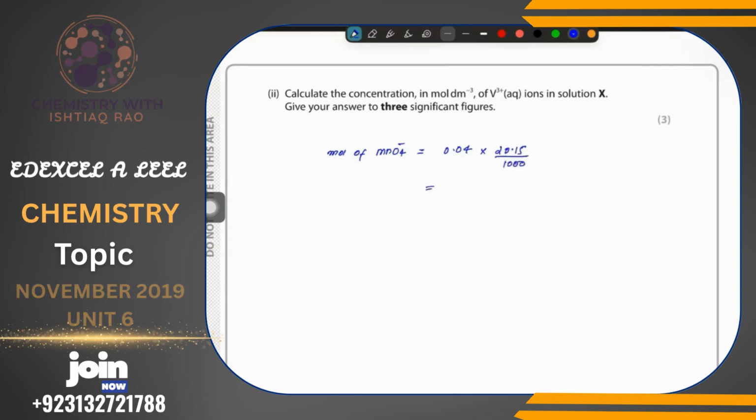What's the answer? 2.015 times 10 raised to negative 3. No, you're asking about the moles of vanadium, right? For MnO4 minus it is 8.06 times 10 raised to negative 4.